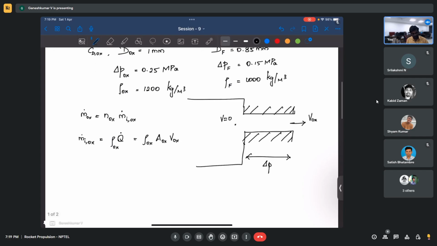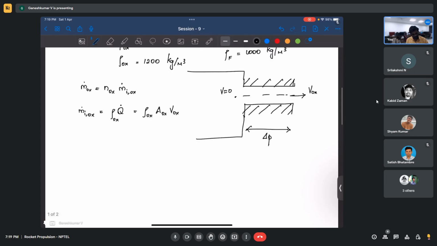So what you can do is apply the Bernoulli equation here. And what does Bernoulli say? Let's say this is point 1 and this is point 2. Bernoulli is P1 by rho 1 plus V1 square by 2 plus gZ1 is equal to P2 by rho 2 plus V2 square by 2 plus gZ2, right?